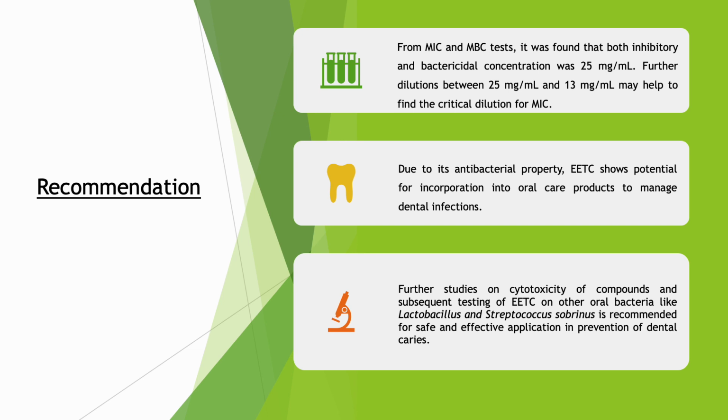Since both MIC and MBC values we found in this experiment were 25 milligram per ml, maybe further dilutions between 25 to 13 milligram per ml could help to find the accurate minimum inhibitory concentration, since 25 milligram per ml was able to kill the bacteria as we observed in the MBC test.